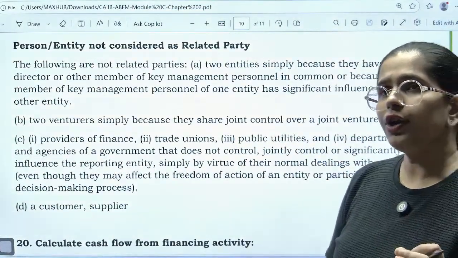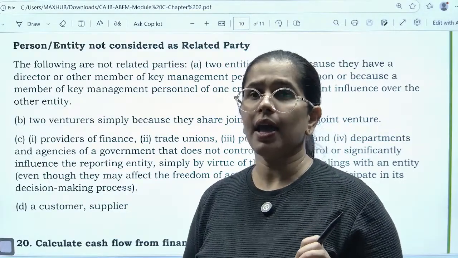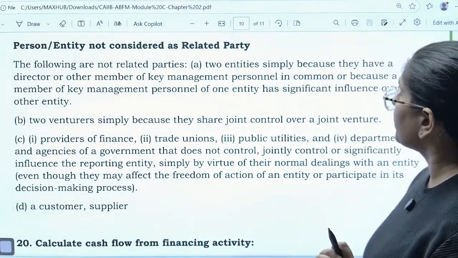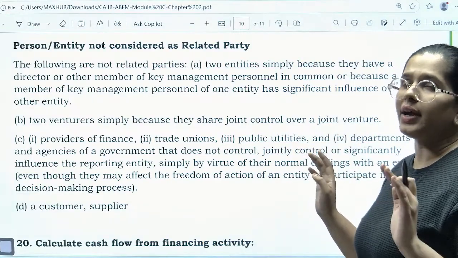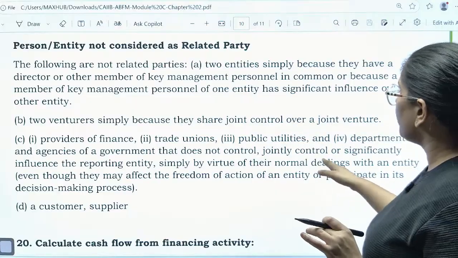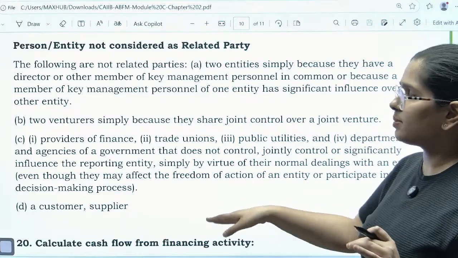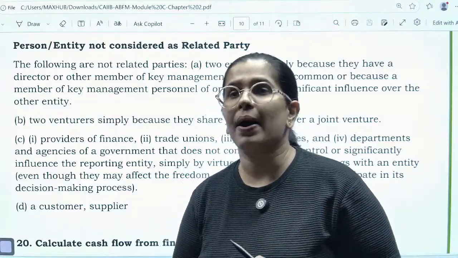So you are not going to call two ventures simply a related party because they share joint control over a joint venture. No, that will not be called a related party. Providers of finance, trade unions, public utilities, customers, suppliers are not called related parties.